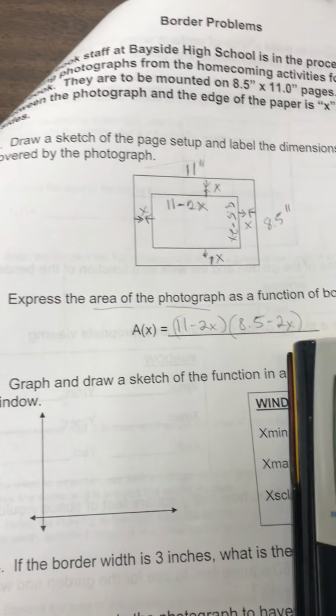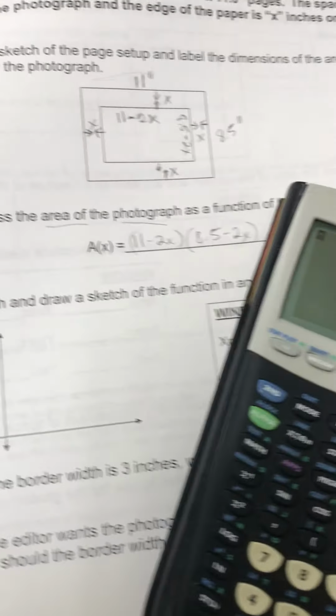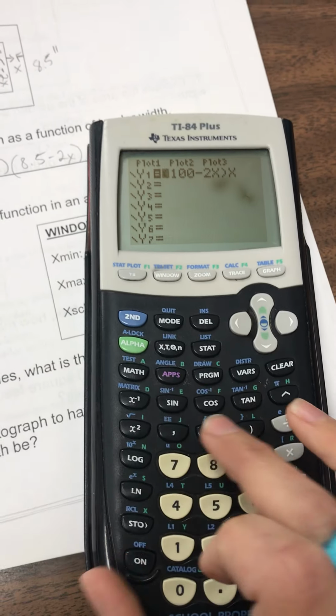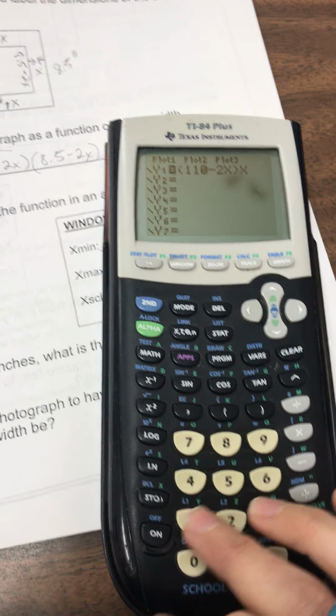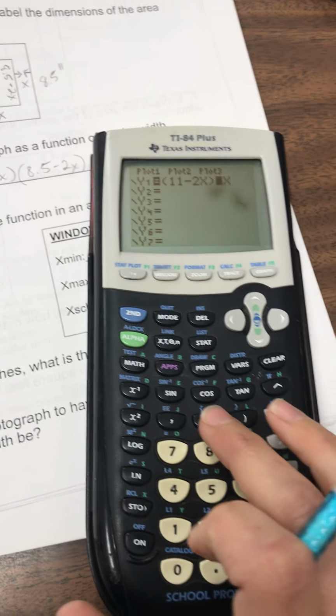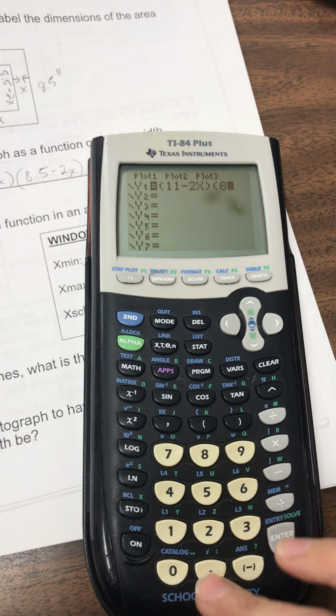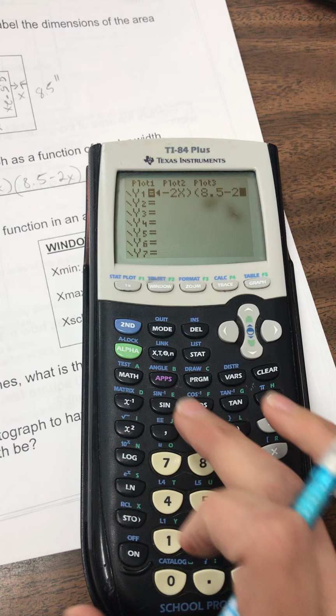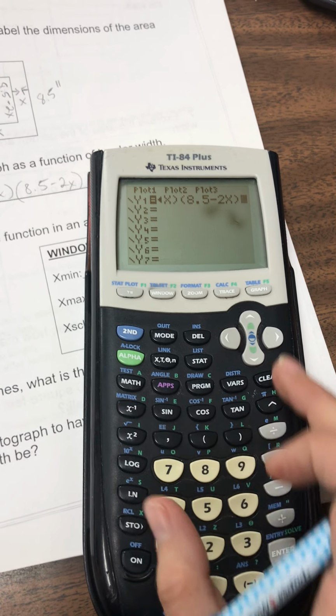Now you're going to go into your calculator and hit Y equals, and enter parentheses 11 minus 2x, parentheses 8.5 minus 2x. Graph.